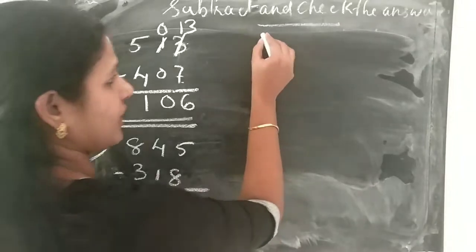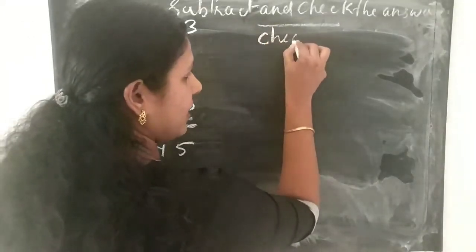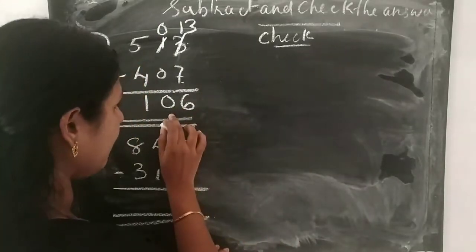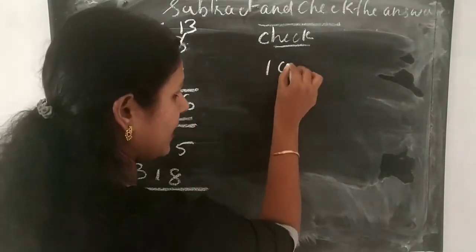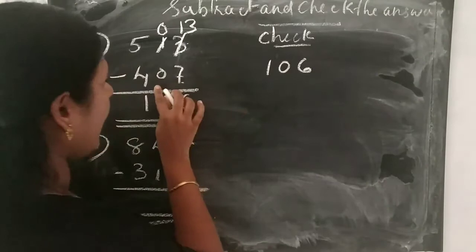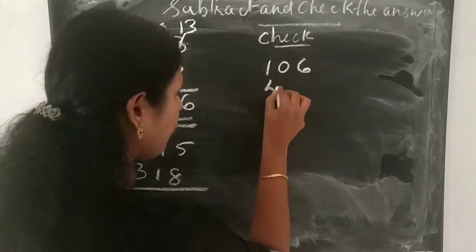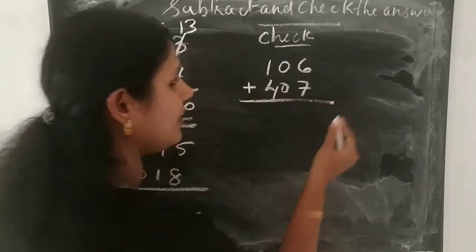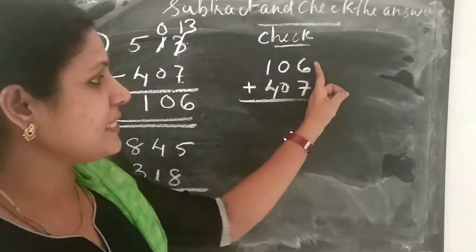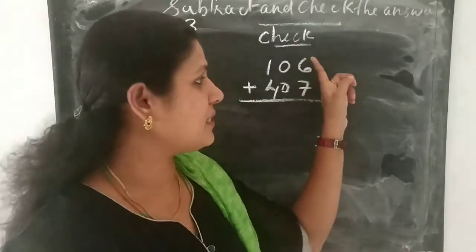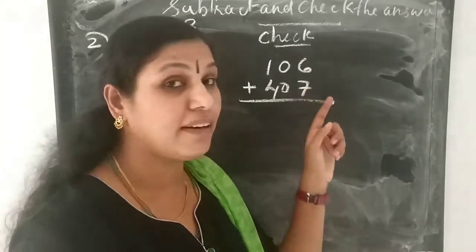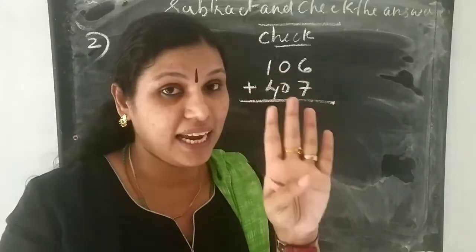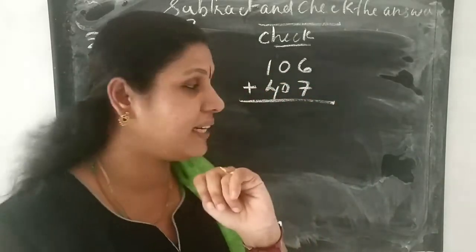Now we have to check. So we write check. Here the difference is 106, and the subtrahend is 407. Now we have to add these two numbers. 6 plus 7: 6 in the mind, 7 in the fingers. After 6: 7, 8, 9, 10, 11, 12, 13.